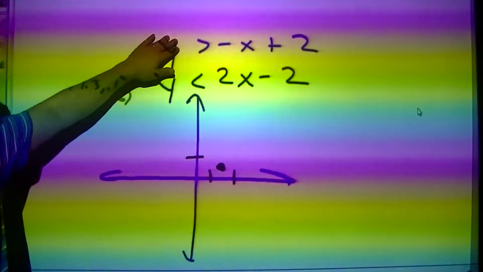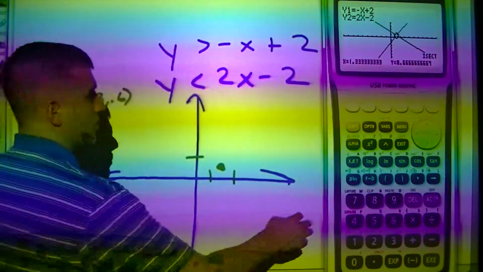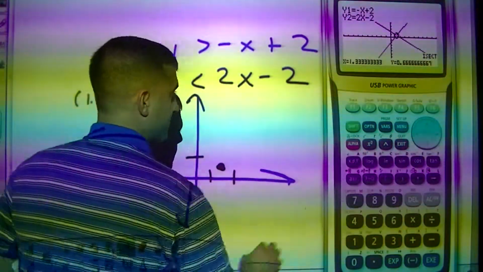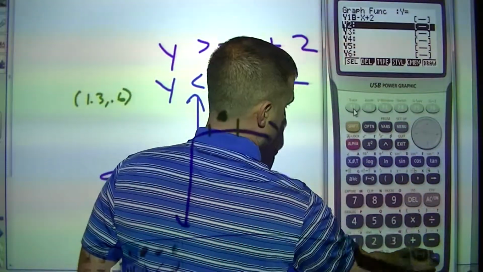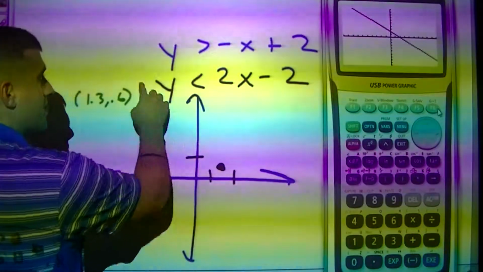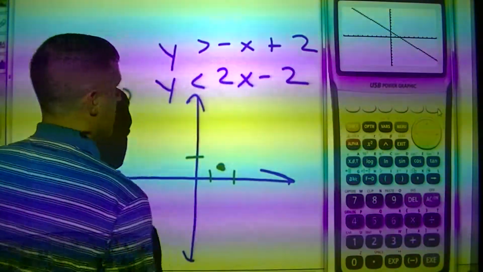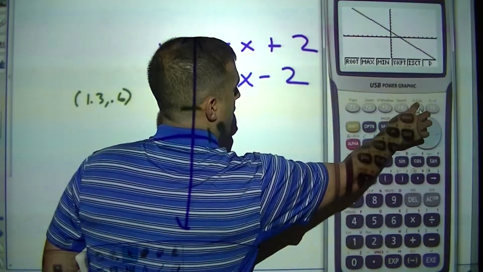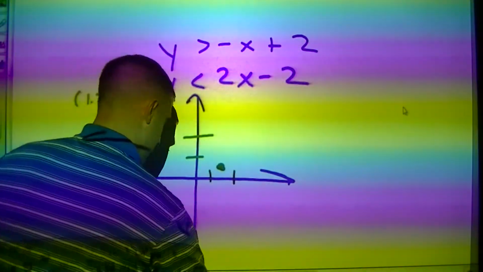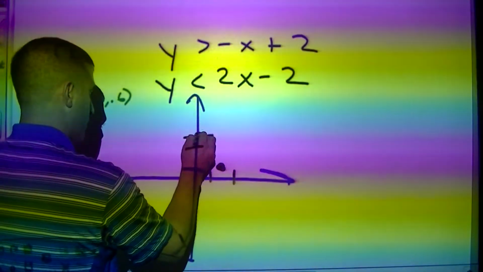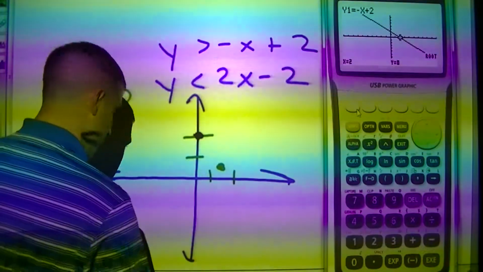Now for each one of these, I have to graph it. I'm going to go back and clear out the first one. That's this line right here. I'm going to do G-Solve y-intercept, which is at 2, and then G-Solve root, which is 2, 0.